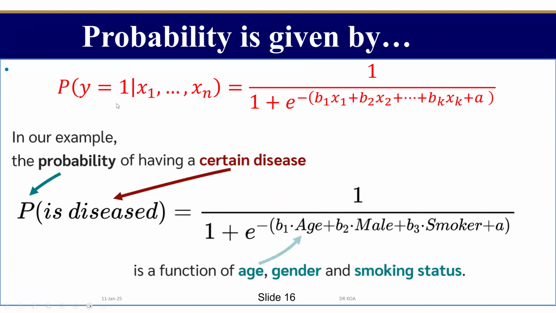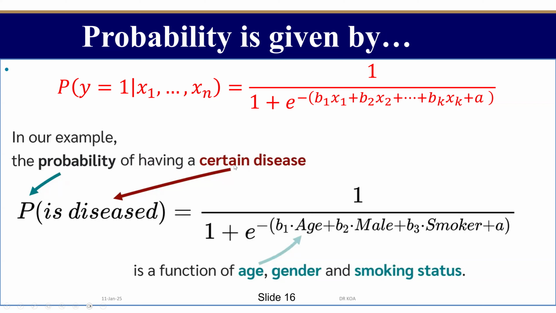The probability that y is 1, that is the probability that a particular person is diseased, given that person's age, given that person's gender, or sex, or given that person's smoking status or anything, given all of the x's, the probability that the person is diseased is given by this whole thing on the right-hand side, this whole function.